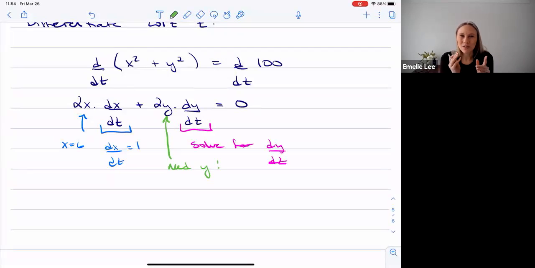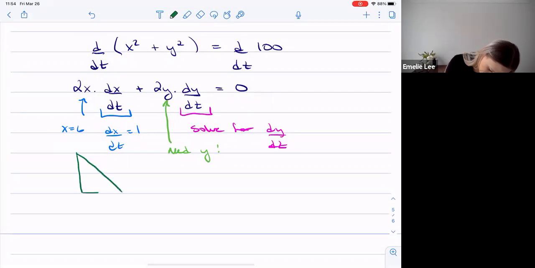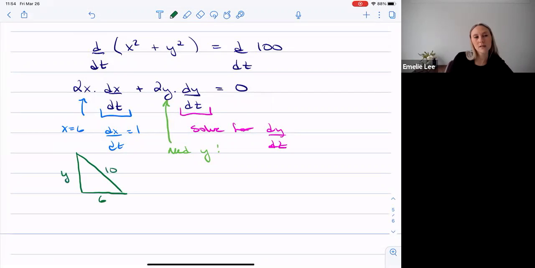But we already have that relationship figured out, right? Now we're saying, well, when x is 6, the ladder is still 10 feet. So we can figure out what y is, right? So y is going to be from this triangle here. Now I'm forcing x to be 6, and the hypotenuse 10. So 6 squared plus y squared is 10 squared.